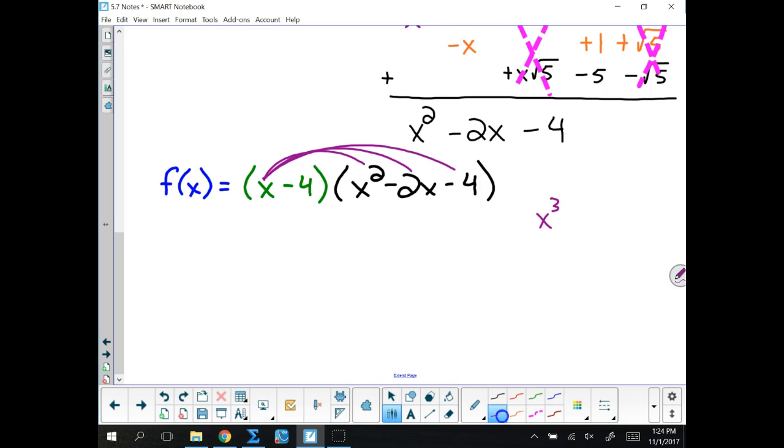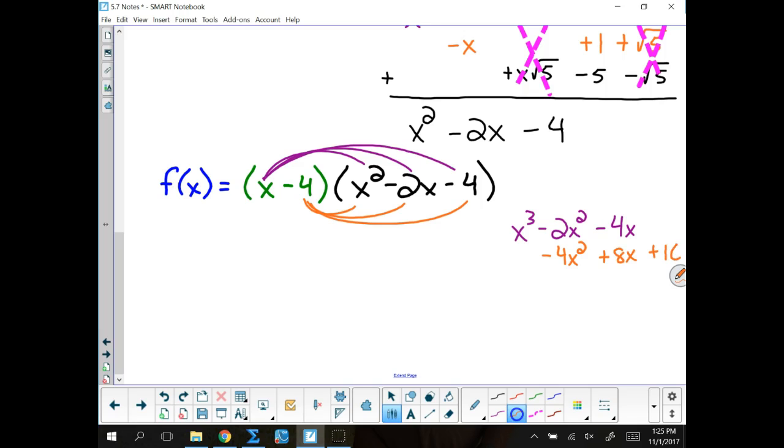X cubed minus 2x squared minus 4x, negative 4x squared plus 8x plus 16.